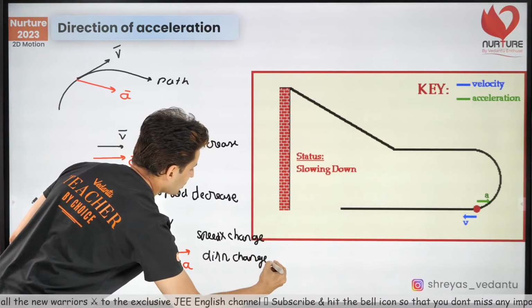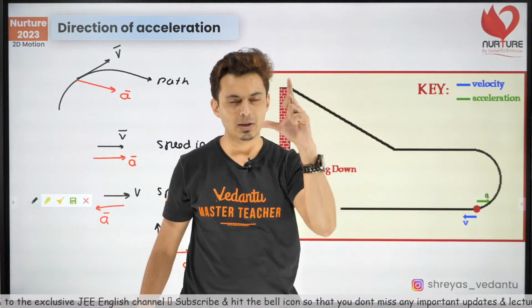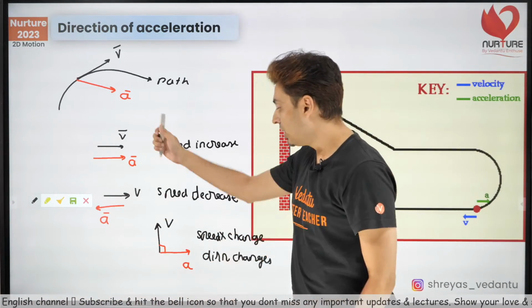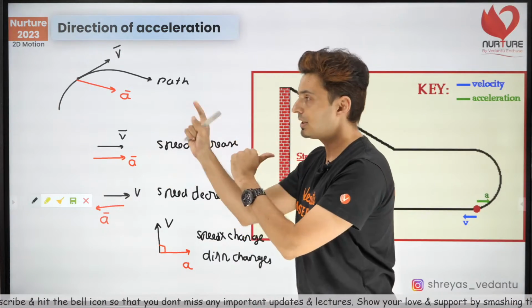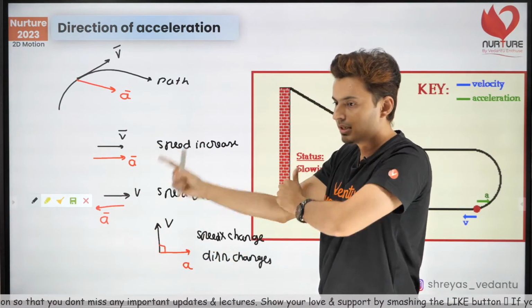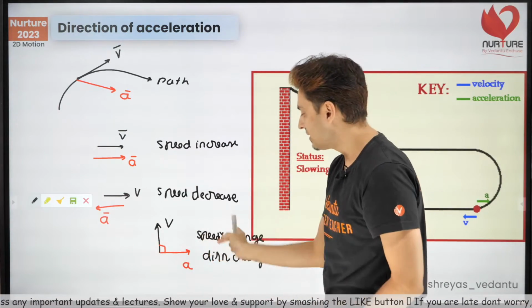And I think you saw that in this curved part. It was almost like perpendicular because the direction was changing. So when the velocity is not along acceleration or opposite acceleration, acceleration will change the velocity. It is only meant to change the direction. It will not change the speed.